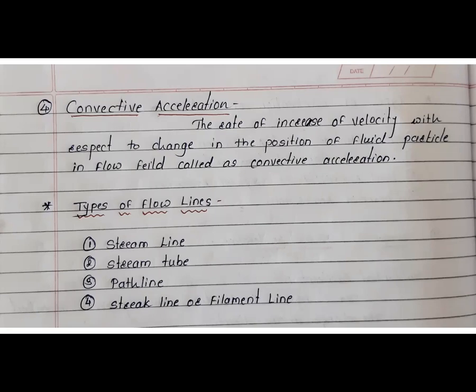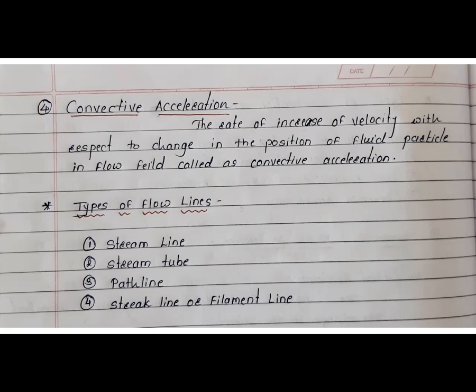Okay, so now we end this point of types of acceleration here, and we move towards the types of flow lines. If we are studying the flow, the elements of that flow must be understood. The elements of the flow are the different flow lines which define the different terms of flow.